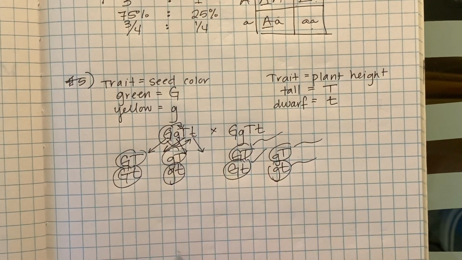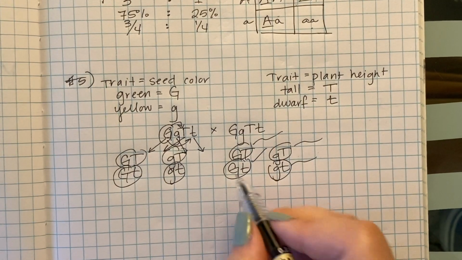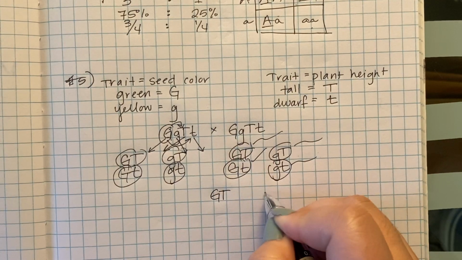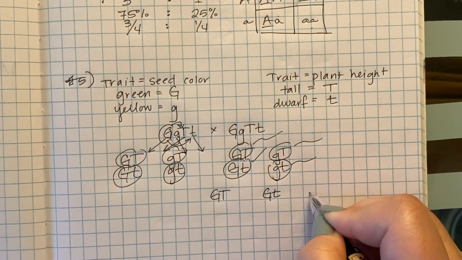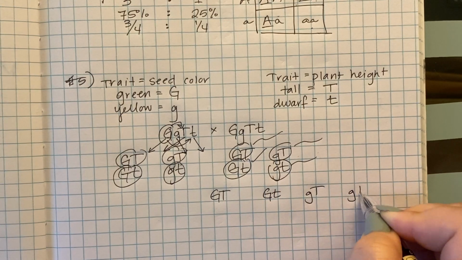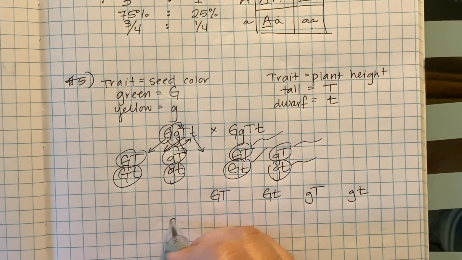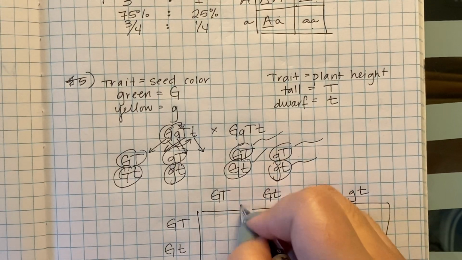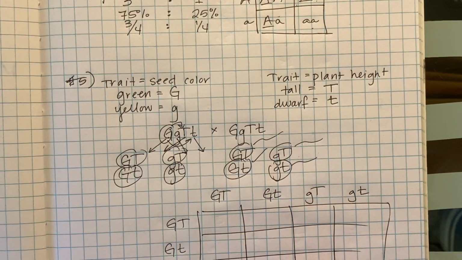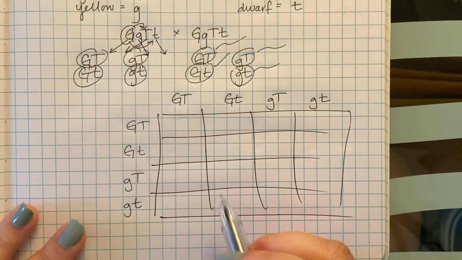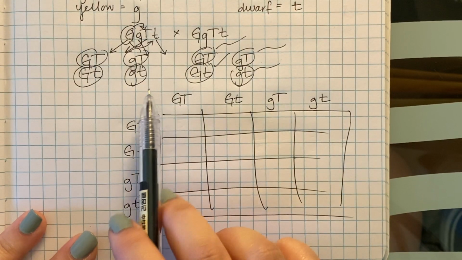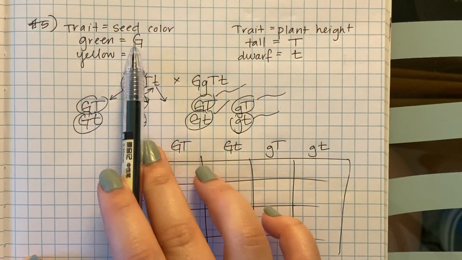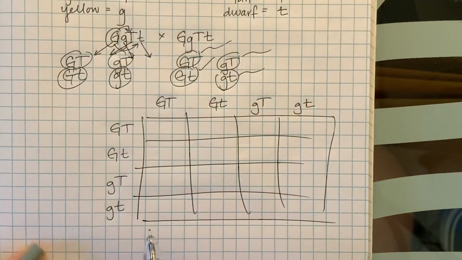You would put all 4 of these on your Punnett square: egg, egg, egg, egg, sperm, sperm, sperm, sperm, and you would draw a 16 square Punnett square. And you would fill in the squares with their genotype for seed color and their genotype for plant height.